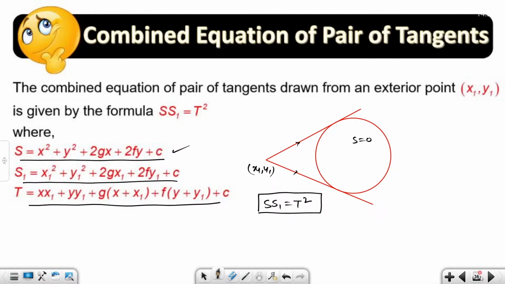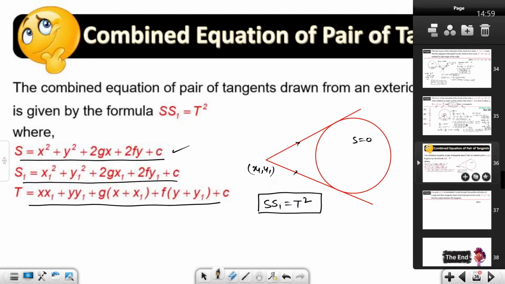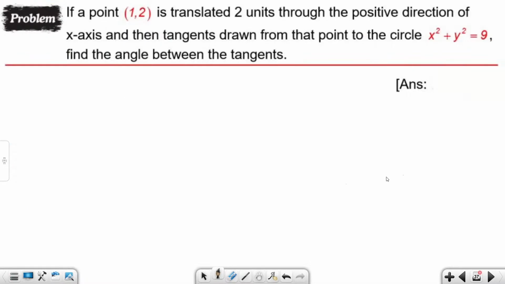Okay, let me now take a question. If a point 1, 2 is translated 2 units to the positive direction of the x-axis. What do you mean by that? There is a point, let us say a point is here somewhere, which is 1, 2.